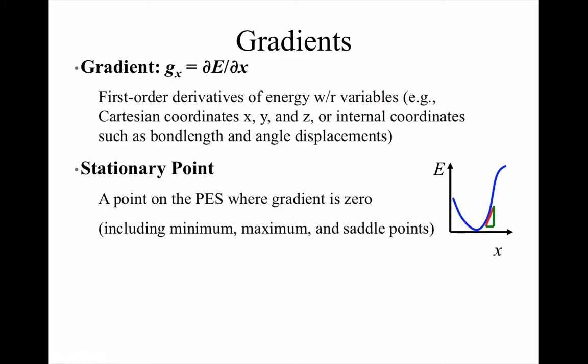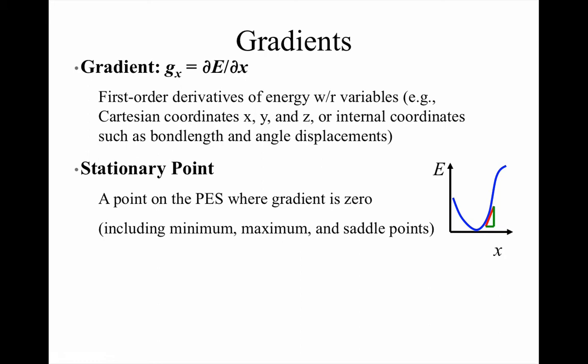The three points that we discussed on the slide before, that is the maximum, the local minimum, and also the global minimum, these points are characterized by having a gradient equal to 0. We remember here that the gradient is defined as the partial derivative of the energy with respect to a given geometrical parameter.